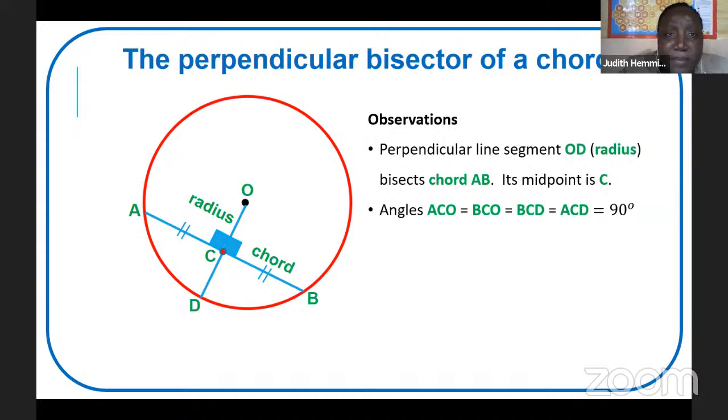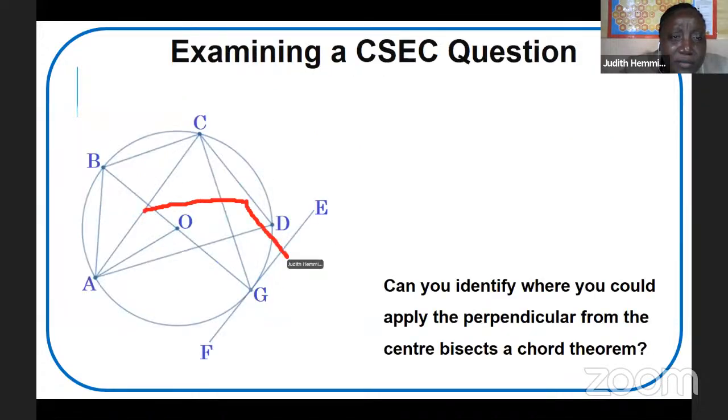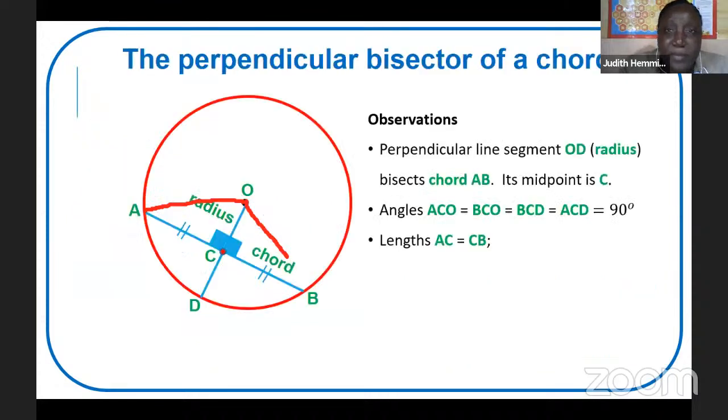So let me just grab my pencil here. I want you to observe that if these two lines were connected, OA and OB, let us try and see if we could get back to that first. Thank you. If those two lines were connected to those points, what could you say about these two lines, OA and OB?